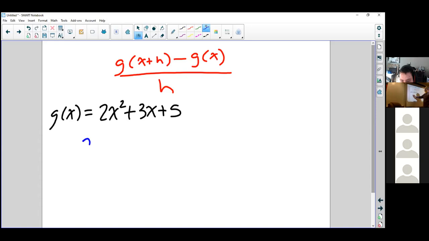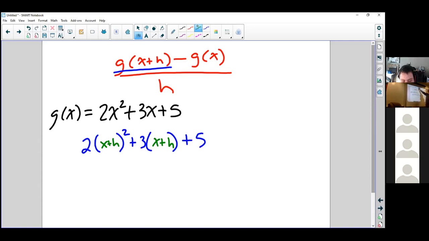So I'm going to go 2 parentheses, quantity squared, plus 3 parentheses, plus 5. So that takes care of this once I plug this in. Is that okay so far? So then I'm going to subtract g of x.